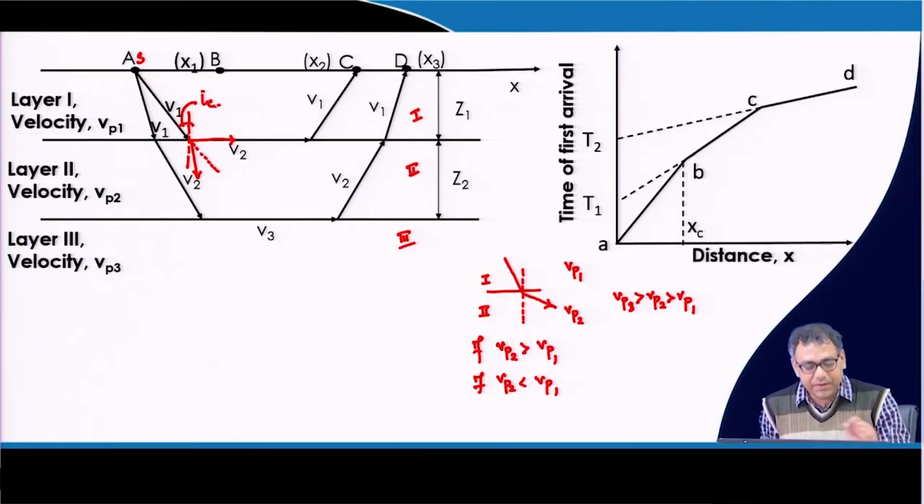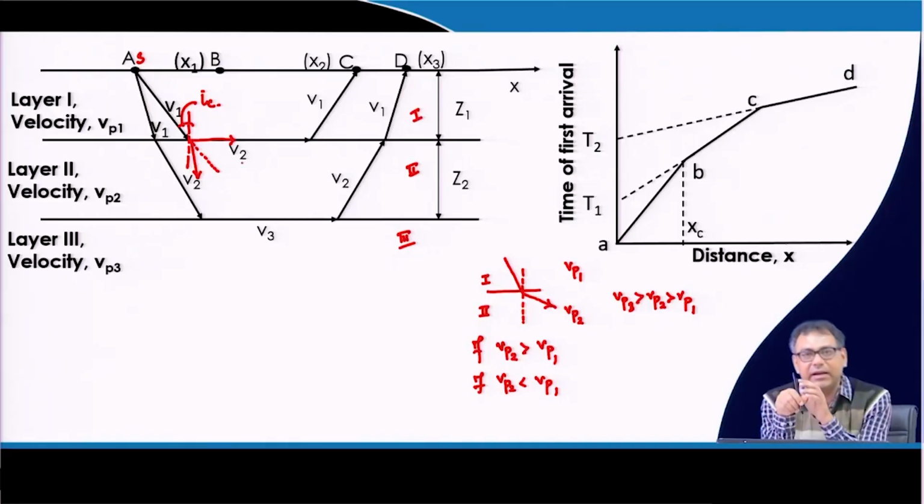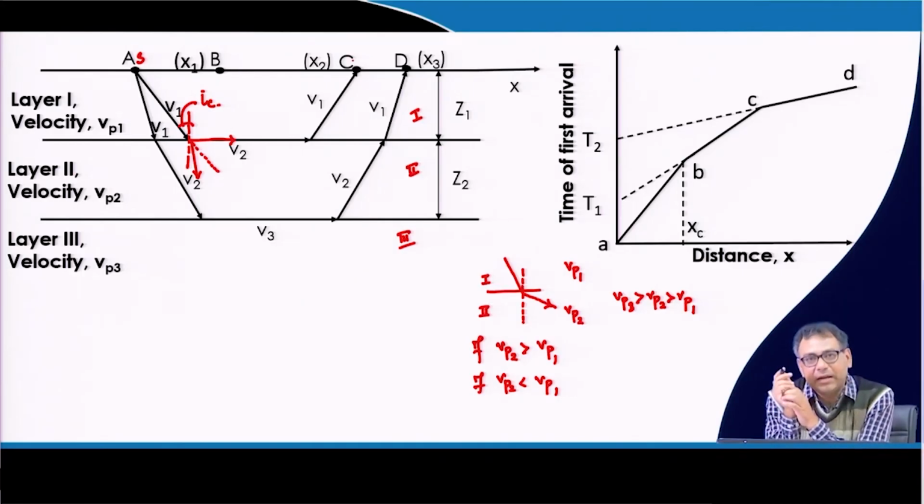That means, if the angle at which these V1 rays intersect the interface between the first layer and the second layer is the critical angle, then only it will travel parallel to the ground surface and then go to the second geophone. So this angle is the critical angle. This way the geophone will measure the first arrival time of the wave.